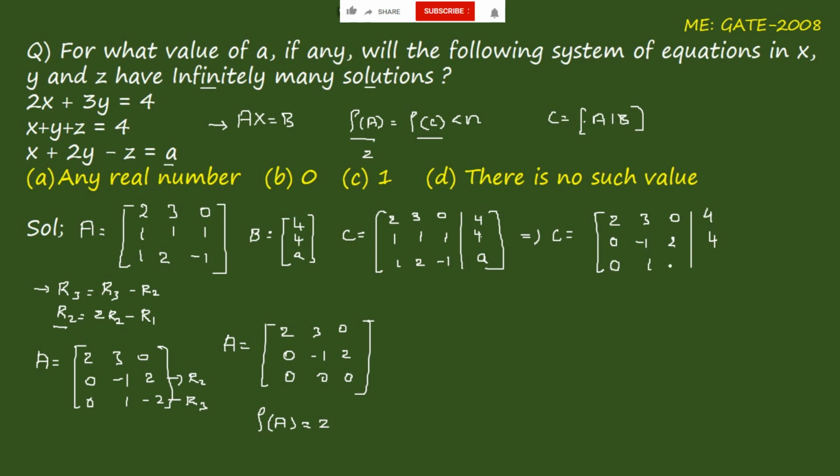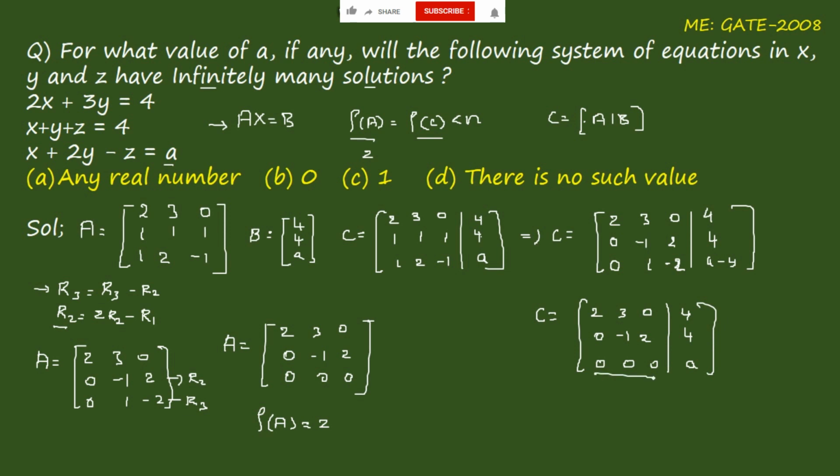This becomes 1, this becomes minus 2, and this becomes A minus 4, right? Now we are just adding both of them. So C is 2, 3, 0, 0 minus 1, 2, it becomes 4, this is 4, and this is 0, 0, 0, and this becomes C, right?